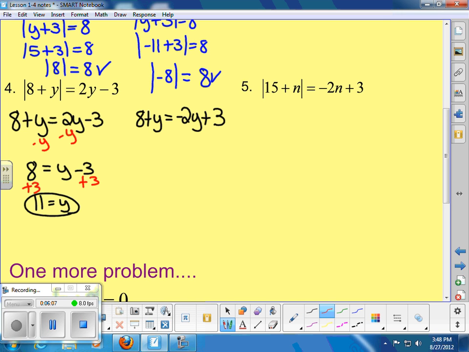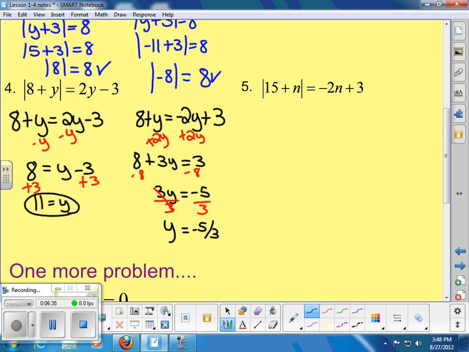Now we'll do the same work over here. And we get a final answer here of negative 5/3. So again, before I can decide if both are my correct answer or if only one is the correct answer, I must do the check.